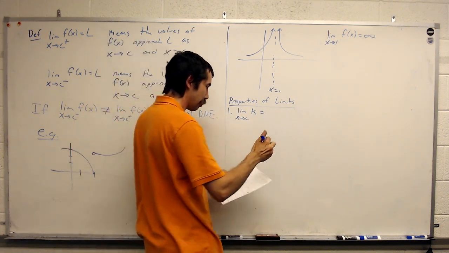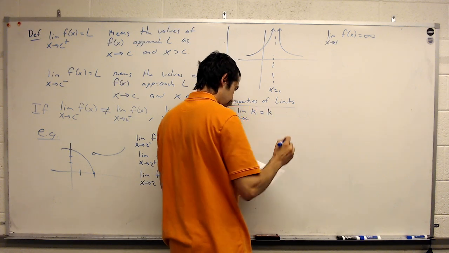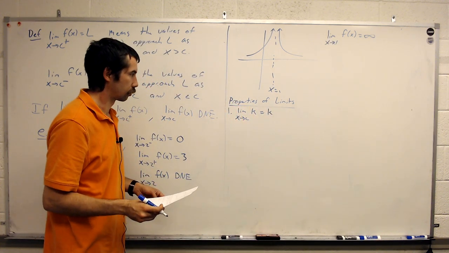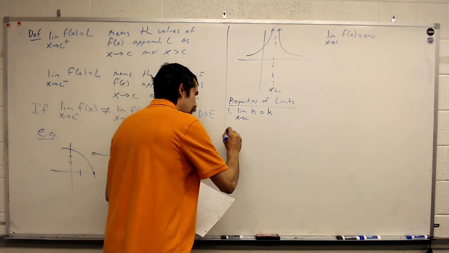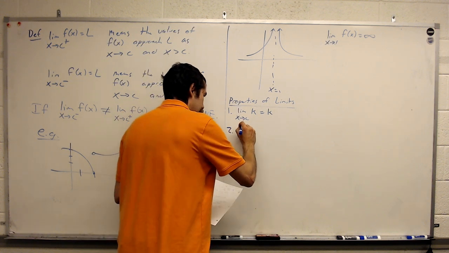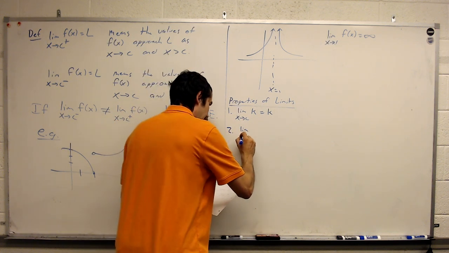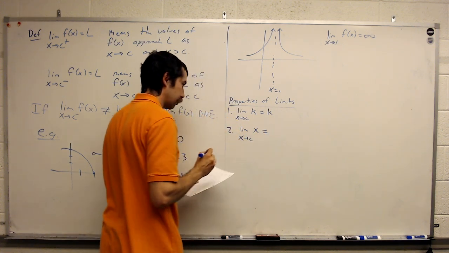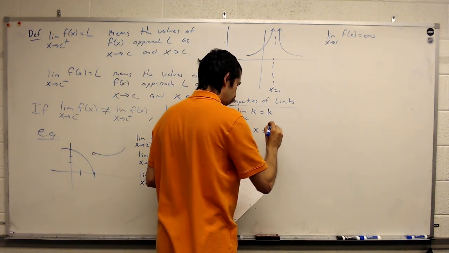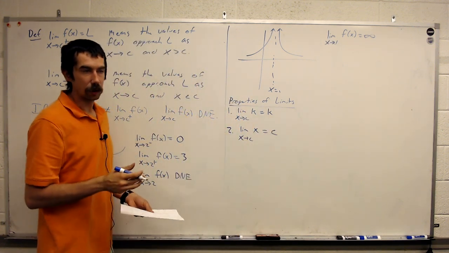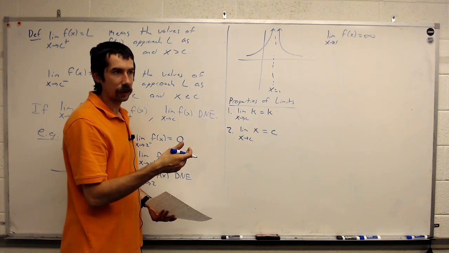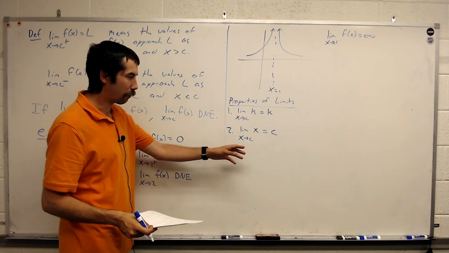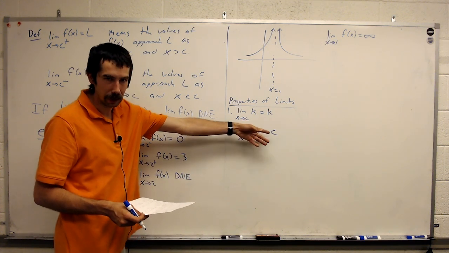So its limiting value is also k. All right, the next property is that the limit as x approaches c of the function x is just c. So it's saying what's happening to our function as x approaches c? Well, our function is the same thing as what we're plugging in, so it's going to go to c.